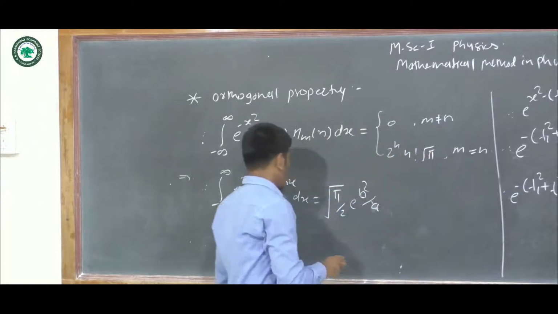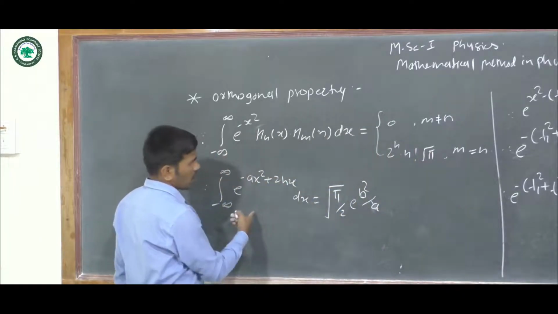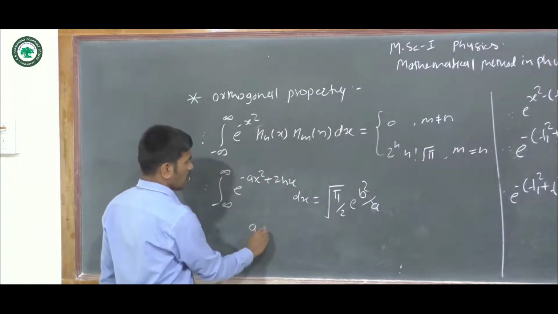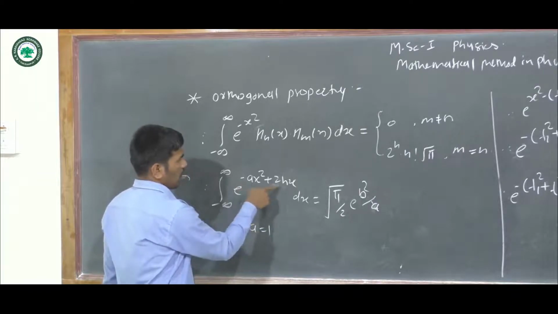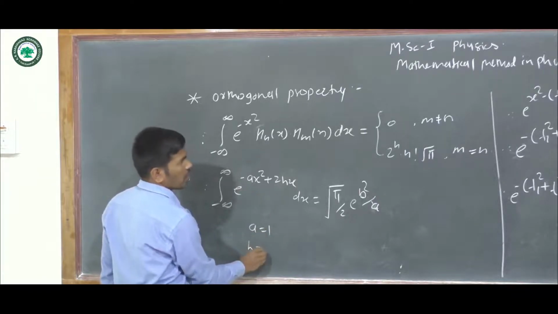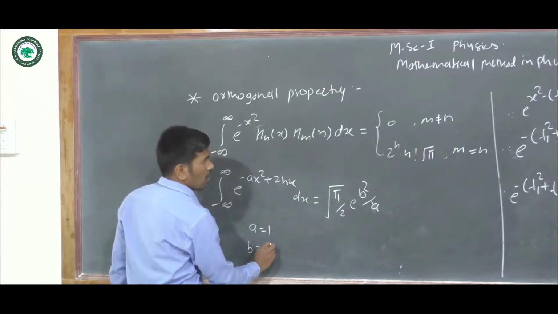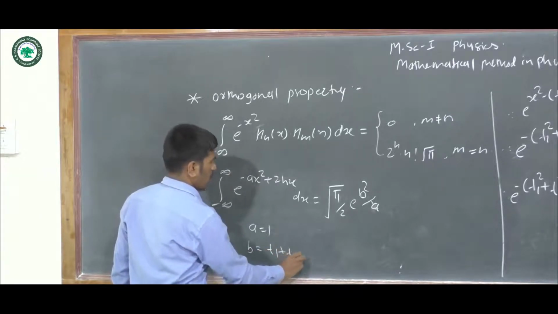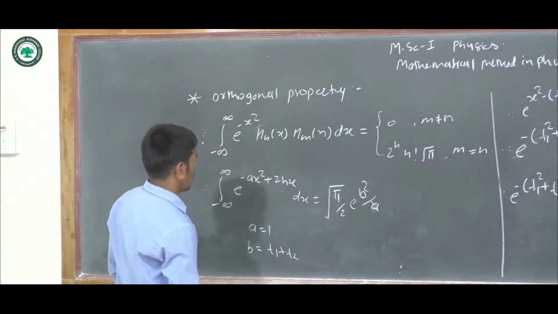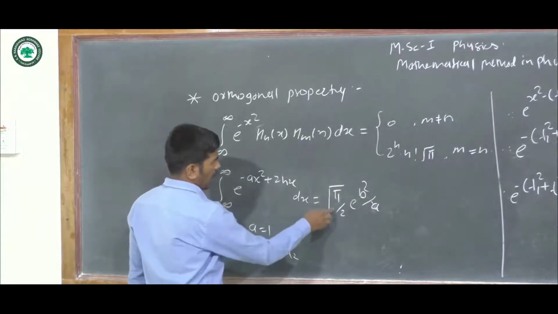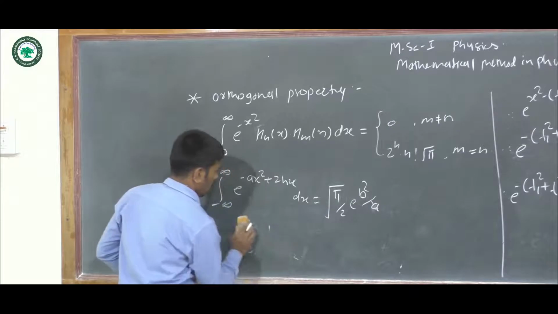Okay, so here if we compare this with this formula, a is equal to 1, and b is equal to t1 plus t2.